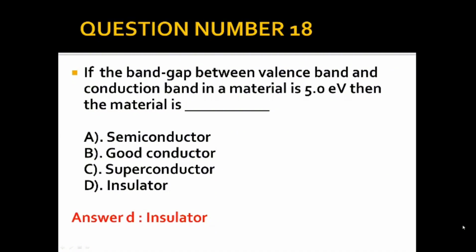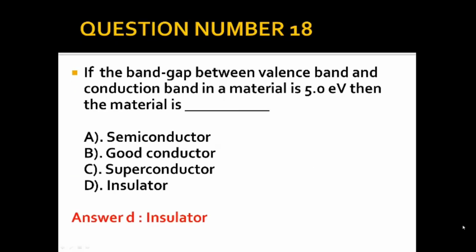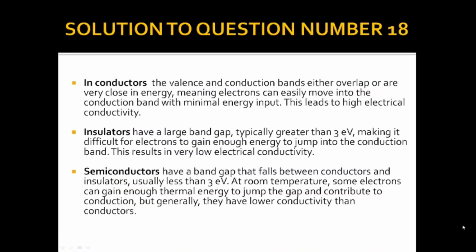If the band gap between the valence band and conduction band in a material is 5.0 electron volts, then the material is dash. In insulators the band gap typically must be greater than 3 electron volts, and 5 electron volts is greater than 3 electron volts. So the answer is insulator.